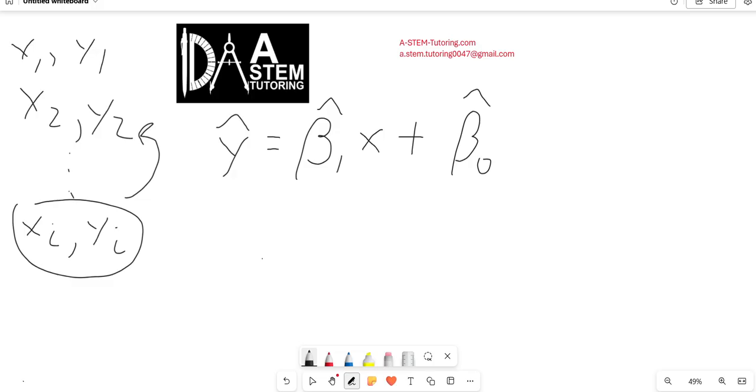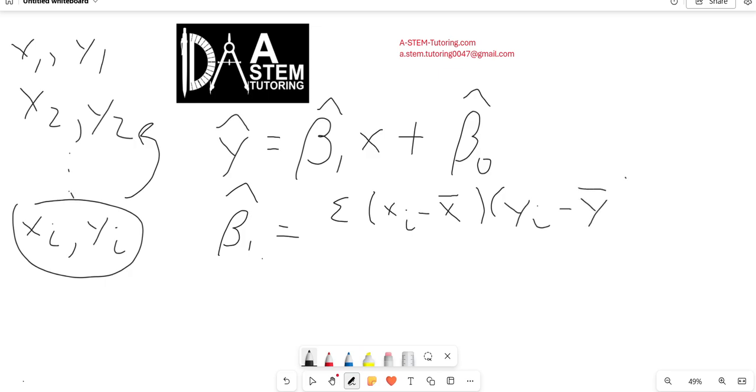The formula for beta 1 hat is simply the summation of xi minus the mean of x times yi minus the mean of y, all divided by the summation of the square of xi minus the mean of x.